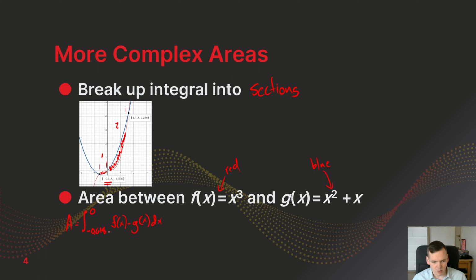And for the second part, we're going to add the integral from 0 to 1.618 of g of x minus f of x dx.